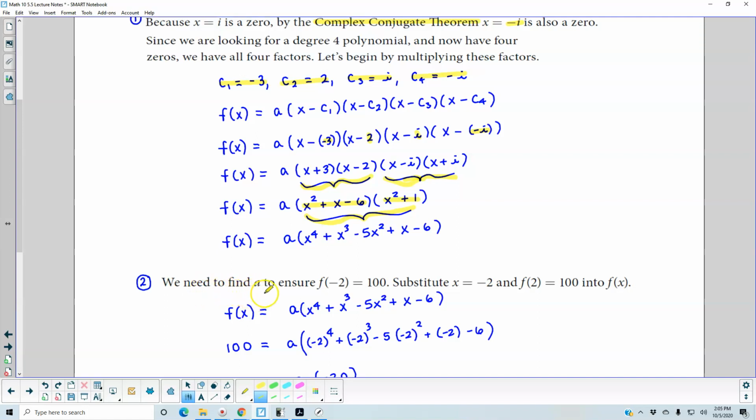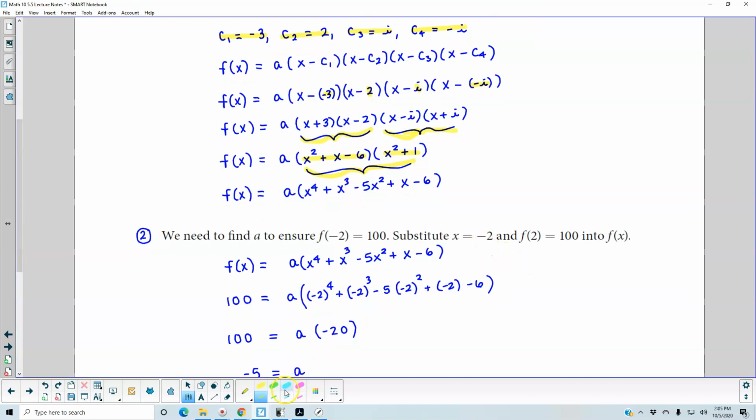We need to find a to ensure f of -2 is equal to 100, which means the input x is -2 and the output f of x is 100. So we substitute x equals -2 for x, and f of x to be 100.